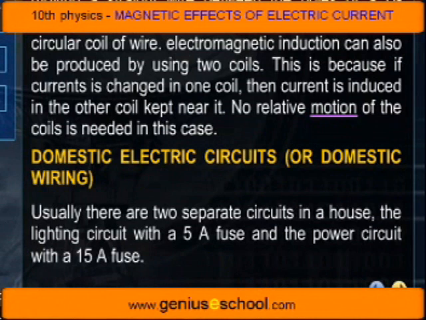Domestic electric current or domestic wiring. Usually there are two separate circuits in a house: the lighting circuit with a 5 ampere fuse and a power circuit with a 15 ampere fuse.